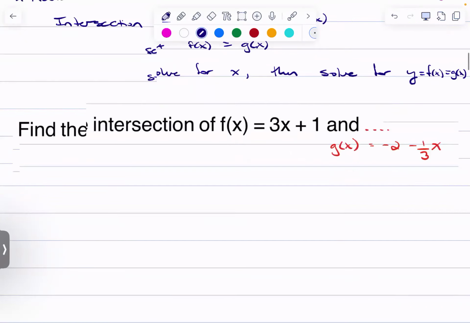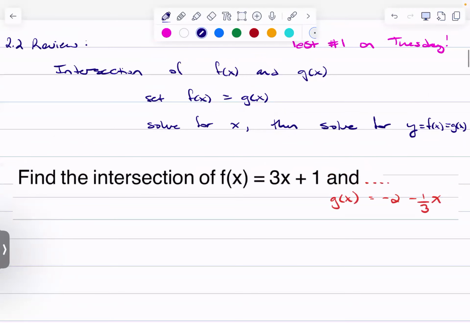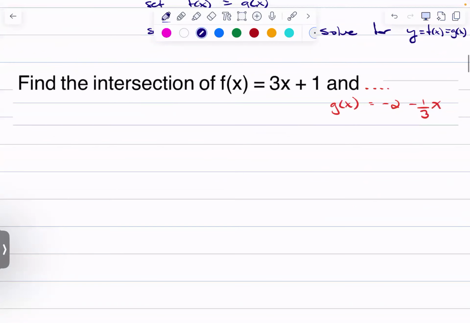First, any questions before we do this example? Okay. So if we let f of x be g of x, that's at the intersection by definition.